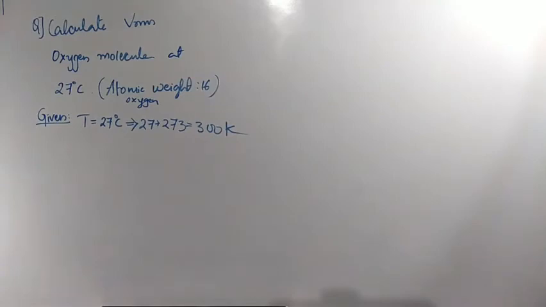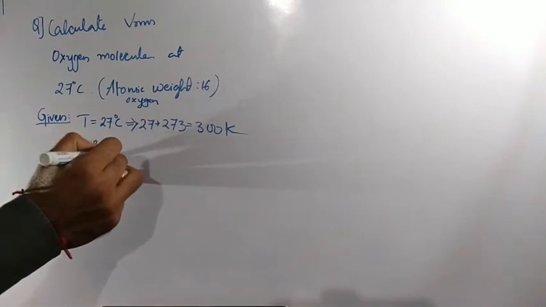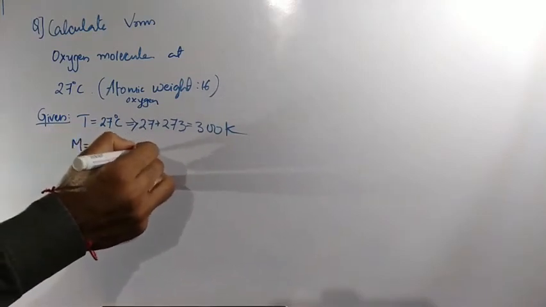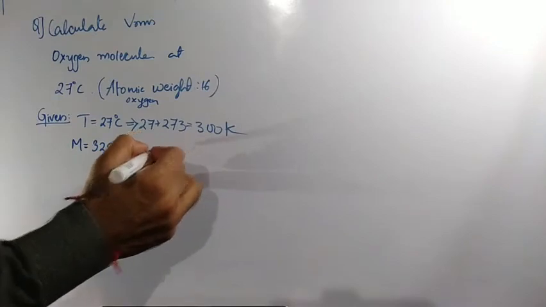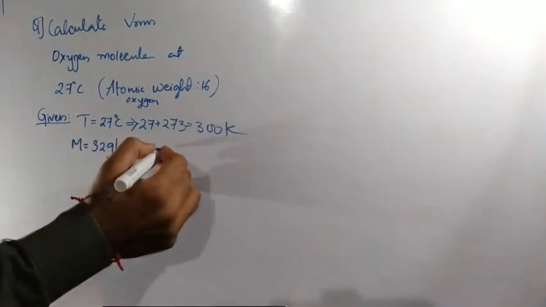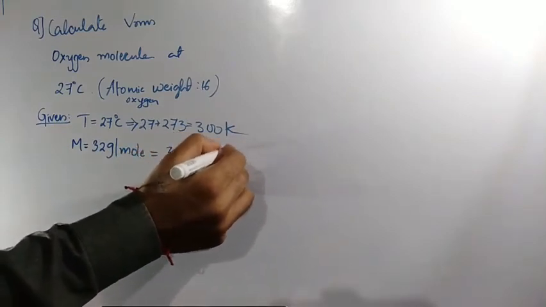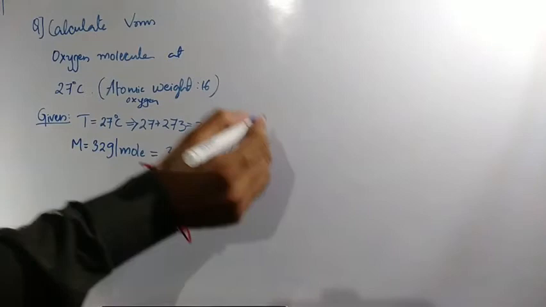M value, capital M value. 32 gram per mole. For oxygen, the value will be this one. So I can write it as 32. If I want to convert it into kgs, it means 32 into 10 to the power of minus 3 kg per mole.